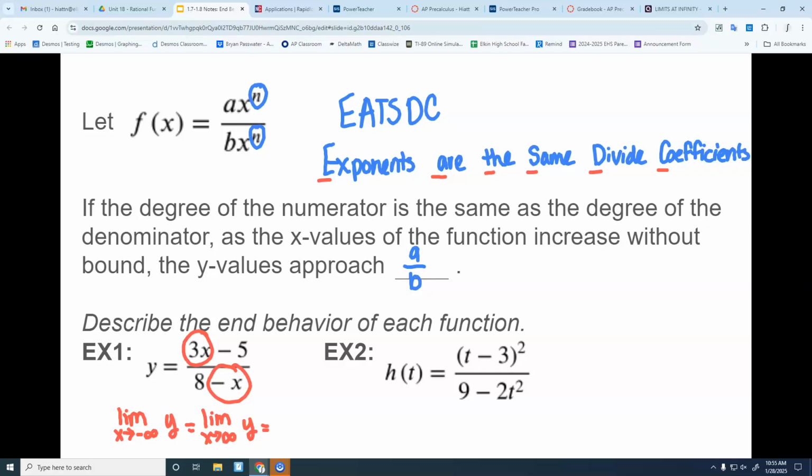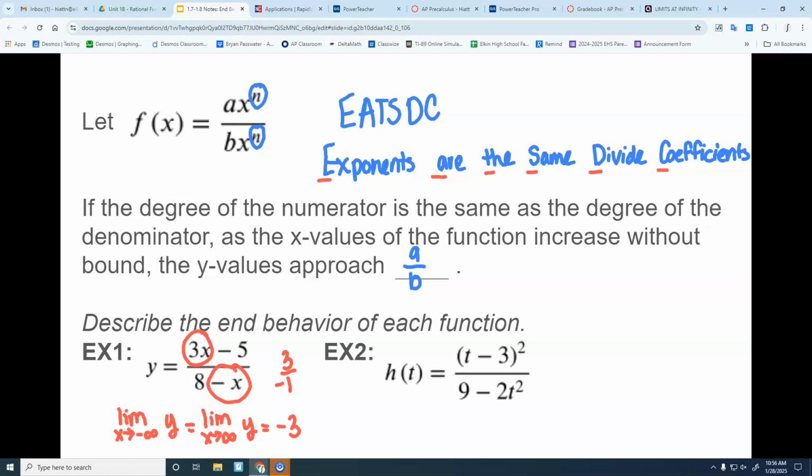I'm putting those two equal to each other because it does not matter if you approach positive or negative infinity. For these types of functions, you're going to get the same answer. So they're going to be equal to each other. And I'm going to do 3 divided by negative 1 to get negative 3 right there.